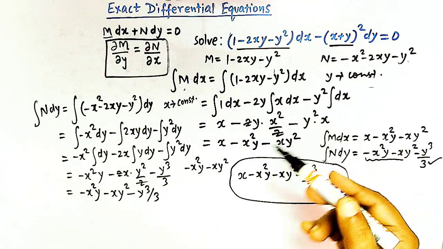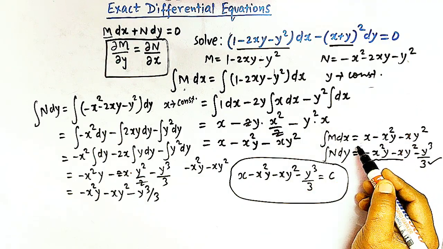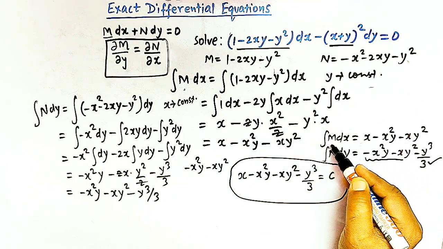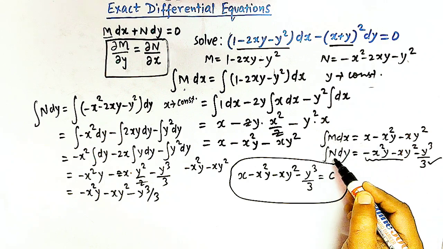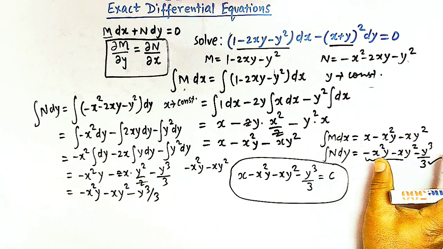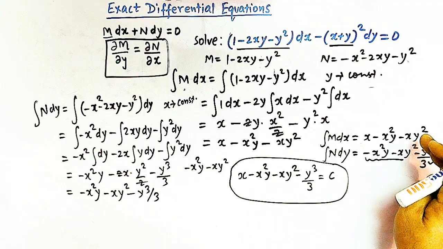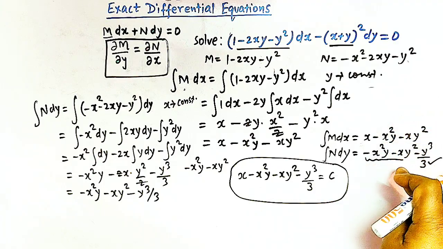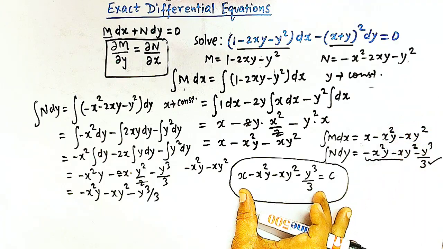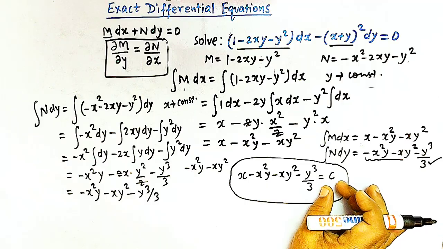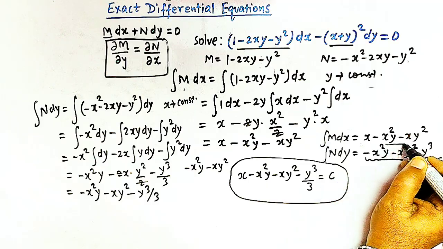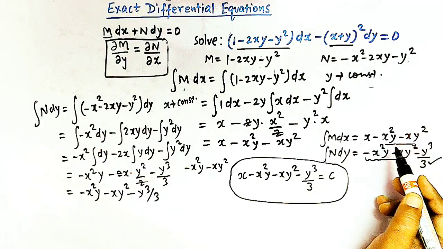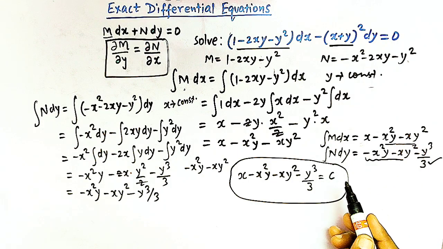So here what we have done so far, see, we have calculated integral of M dx, then integral of N dy, and we have added both these terms, and the sum is equated to some arbitrary constant c. But here we have to keep one thing in our mind while writing the solution.